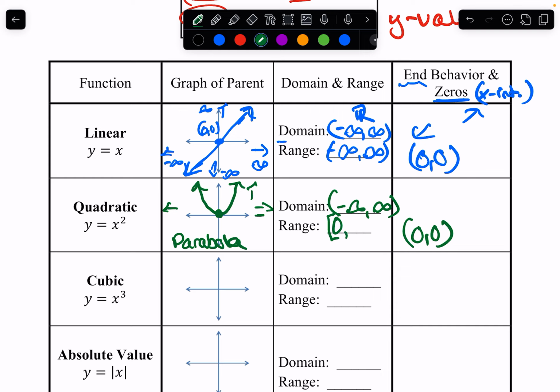It goes through that point 0. But then it goes to infinity, and again, infinity and negative infinity are inside parentheses because it's not a set point, it just keeps going and going. End behavior goes left up and right up.